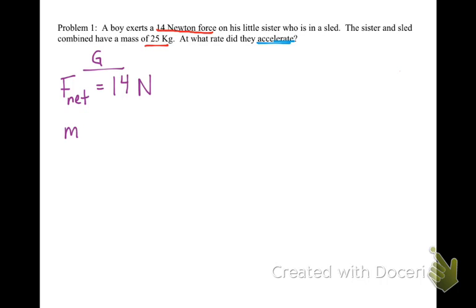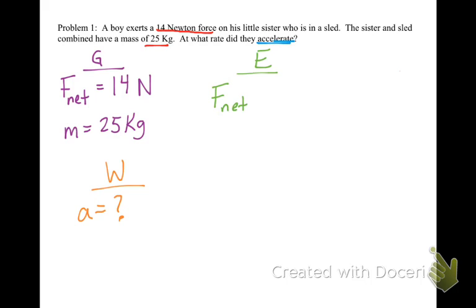And we've got our mass of 25 kilograms. Our wanted, acceleration. Our equation, it's of course the one we just learned, Newton's second law, F net equals ma.